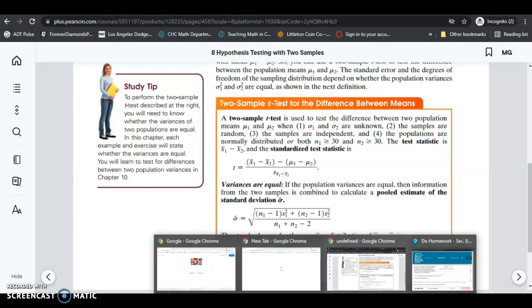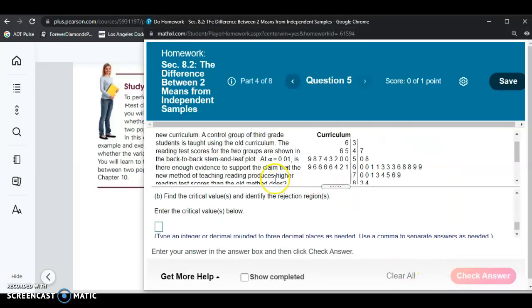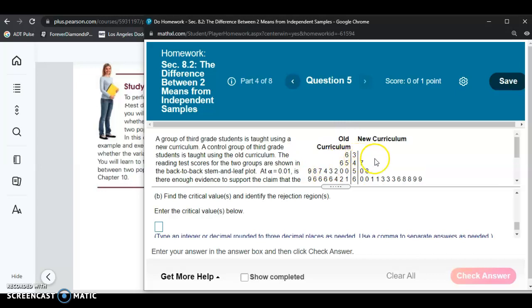If we go back and look at the problem here, it doesn't really tell us what the sample sizes were. It shows you the data in a back-to-back stem and leaf plot. So what you do here is look at the stem and leaf plot. These are the stems of the data values, and the numbers to the left of the two vertical lines are the leaves. So you count the number of leaves.